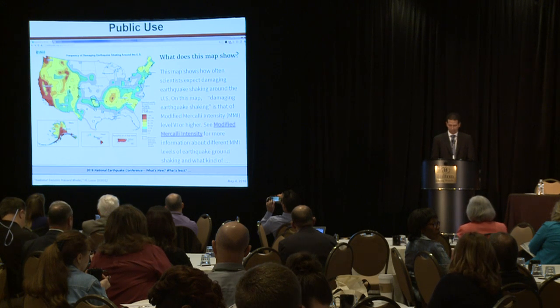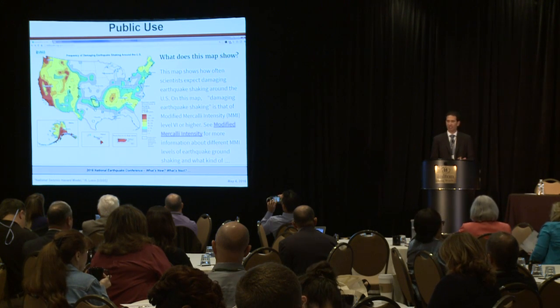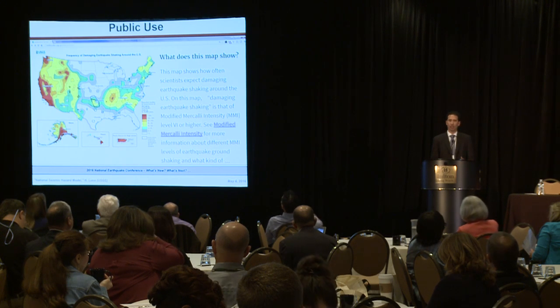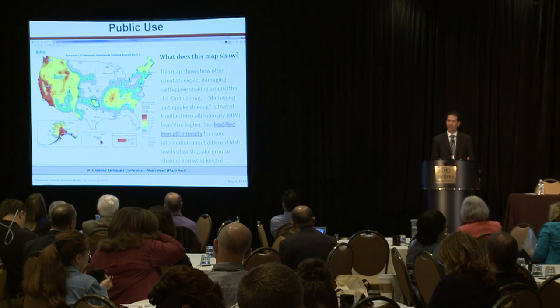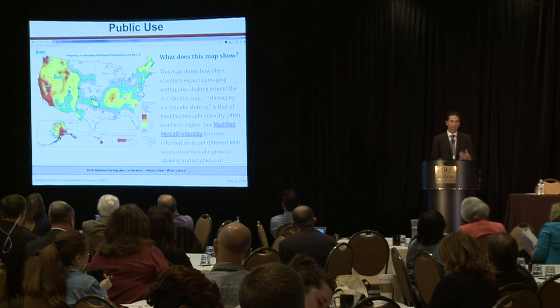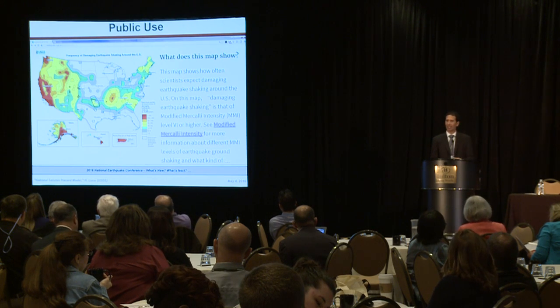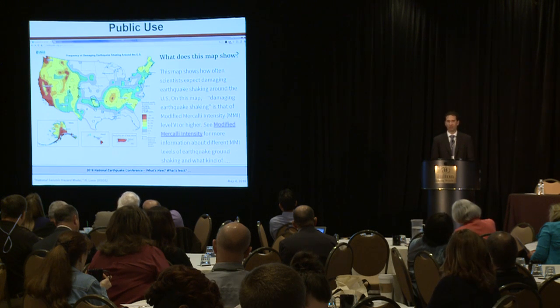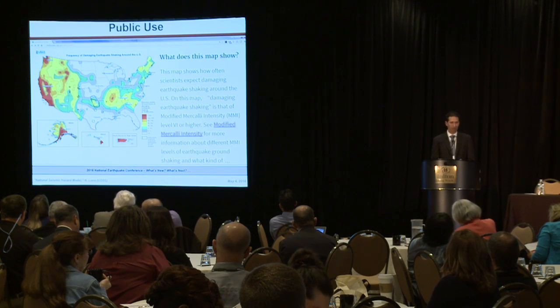This particular map says how often we think we see MMI intensity 6 shaking across the US. A lot of our new website goes on to explain more about this map, what it's useful for, and what you can't get from that map alone.